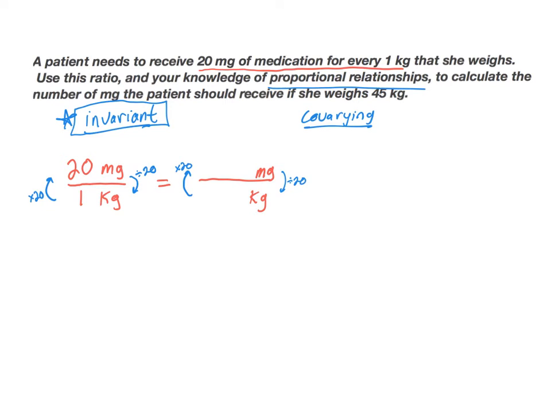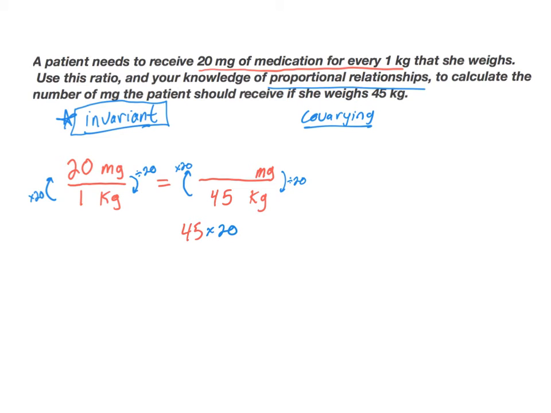Again, this is the ratio just looking at this invariant property. Looking at this problem up top, I see that this particular patient weighs 45 kilograms. So that value is going to go right here, 45 kilograms. Now, if we are looking at an equivalent ratio, I need to take that 45 and multiply it by 20.